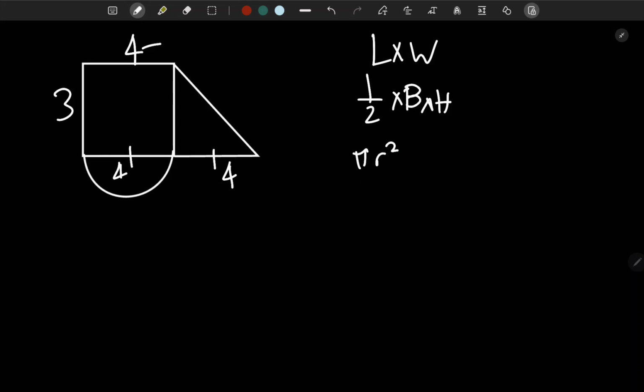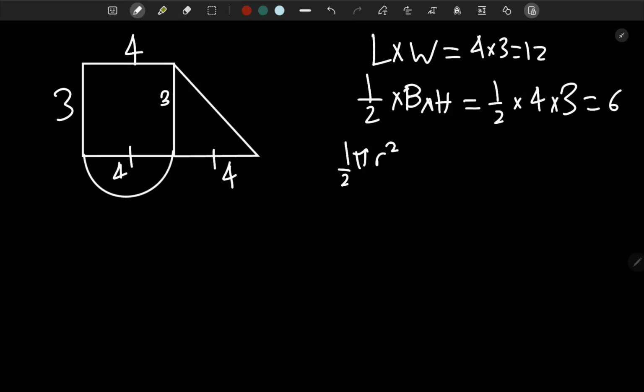So a semicircle will be half pi r squared, and we have all the variables that we need. Let's start with the rectangle. It's going to be 4 multiplied by 3, which is 12.